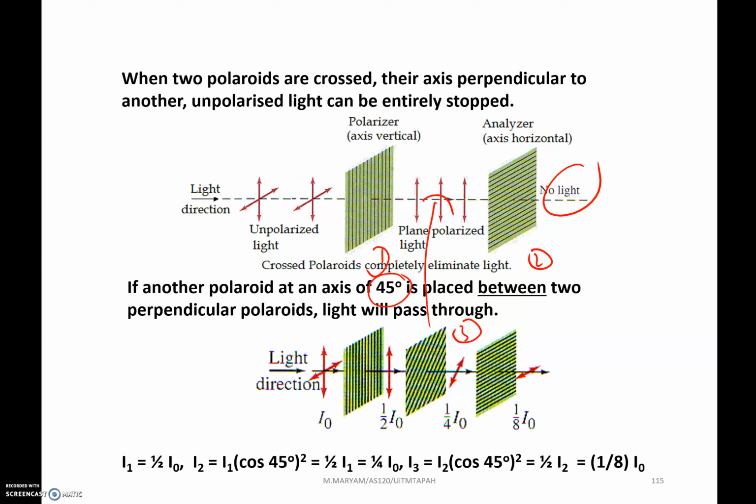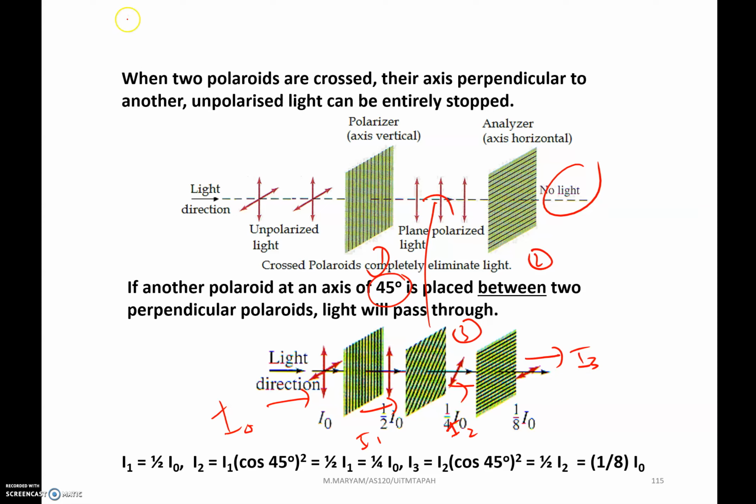So how do I calculate the final intensity? Okay, first, the light coming in, we label it as the initial intensity, or I0. The light that passes through the first polarizer will be I1. From the second polarizer, this will be I2. And then the last polarizer will be I3. So we have to calculate it one by one. First of all, let's look at I1 and I0.